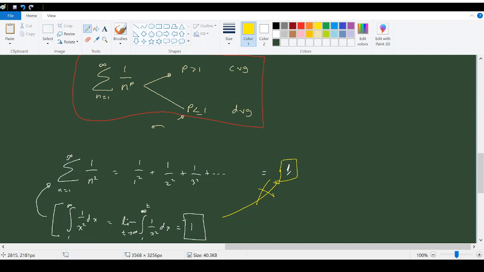Actually this value should be equal to pi squared over 6, and we can obtain this result from some numeric techniques, but at the moment we are not going to discuss it here. So keep in mind that these two finite values need not be equal all the time.